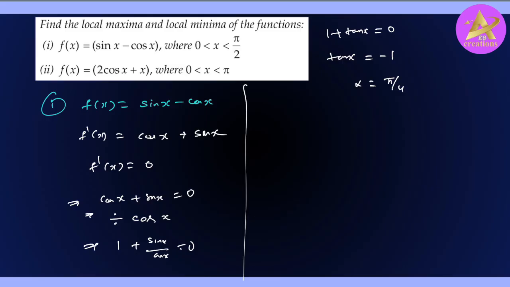Not pi by 4, it is 3 pi by 4, right? Yes, 3 pi by 4, we get minus 1.